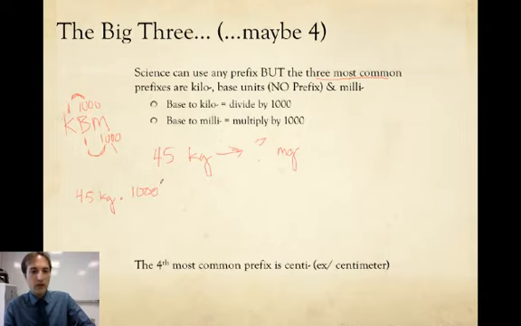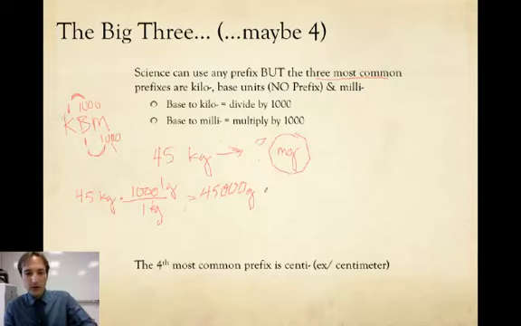We'll learn a probably better method for this in a couple days, but quick and dirty, I take kilograms, it's 1 kilogram for every 1,000 grams. 45 times 1,000 is going to give me 45,000 grams. But that's not what they want, right? They want milligrams. So I've got to go another step. Grams is my base unit. I'm right here.